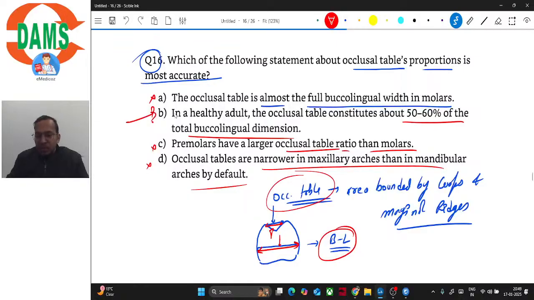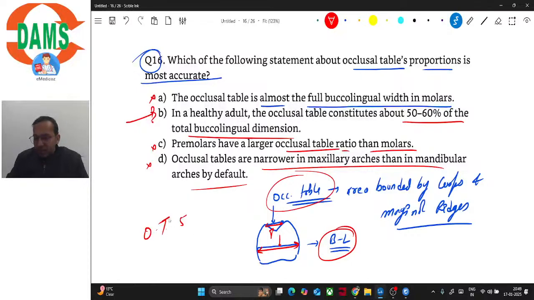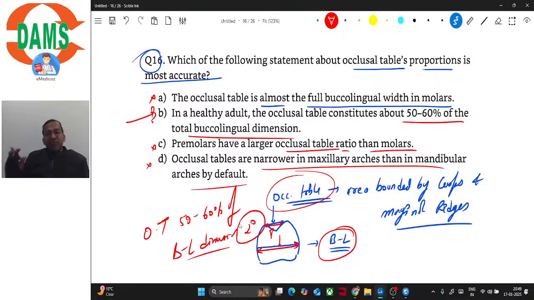So that leaves us with option B. And option B is correct, right? Because the occlusal table constitutes about 50 to 60% of the buccolingual dimension in the permanent teeth. The occlusal table would be further narrower in the primary teeth.